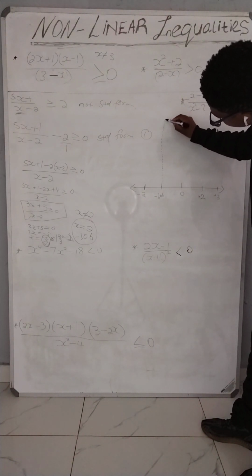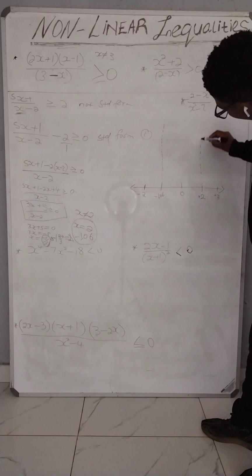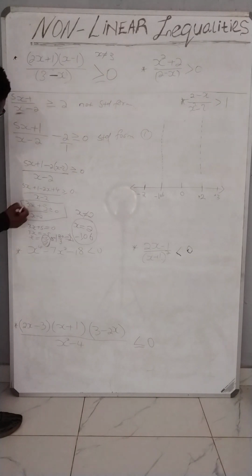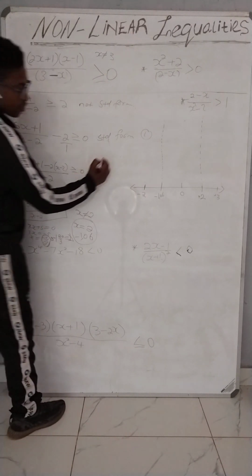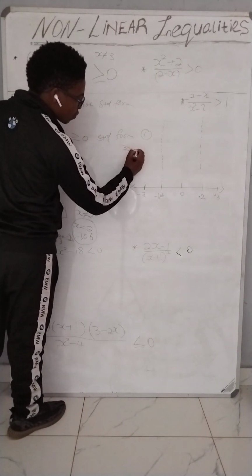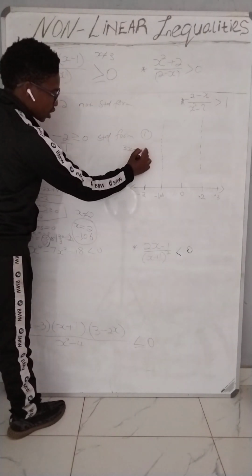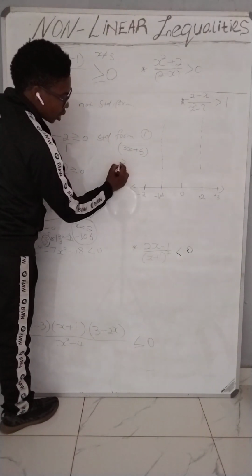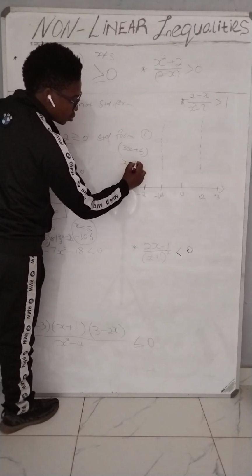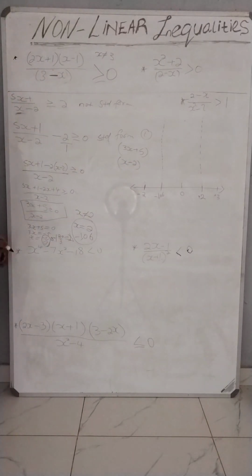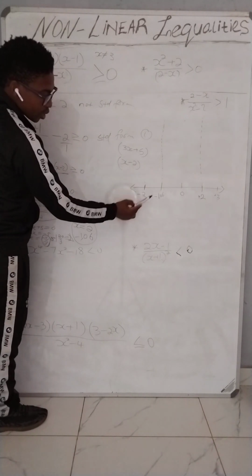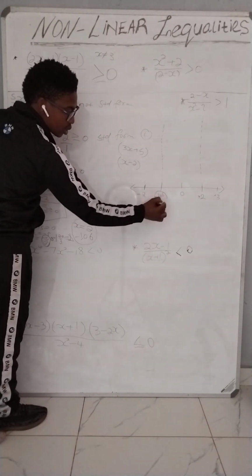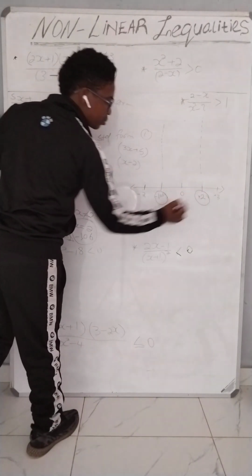That's where we're going to make the dotted lines. And then what are we testing? We are testing 3x plus 5 as a factor, and x minus 2 as a factor.